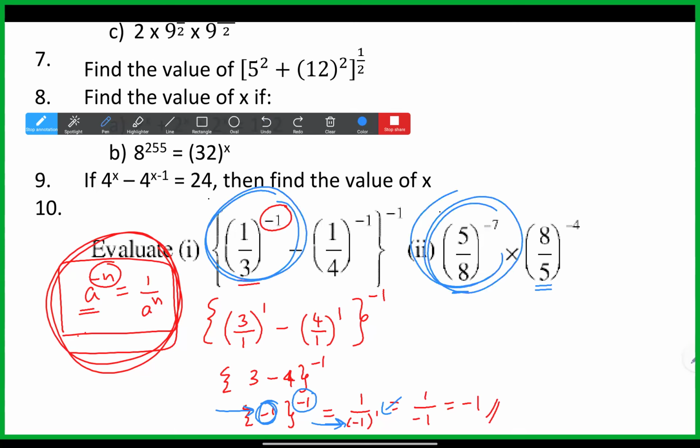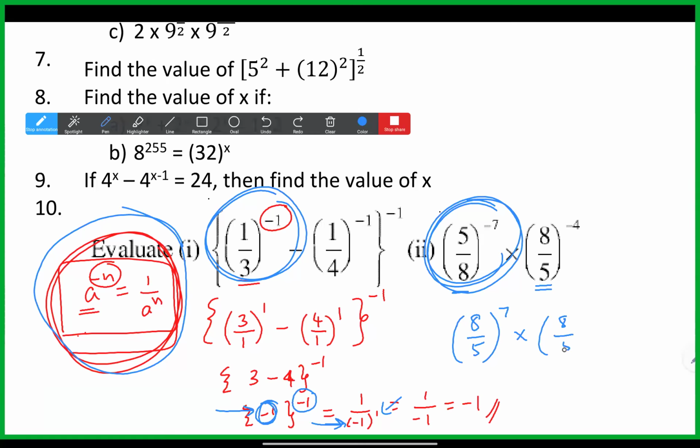So to make this power positive, what I have to do using this law? Sir, (8 by 5) whole power 7, into this one I'm not changing. Why? I can change that, but I'm voluntarily not changing because in the original question, bases are not the same, and even powers are not the same. That is the reason.